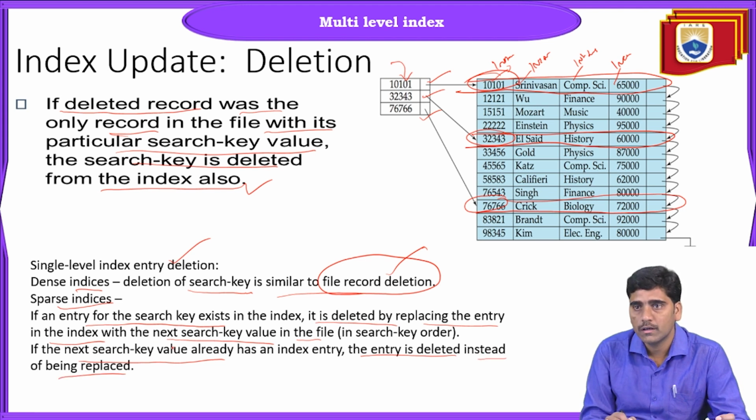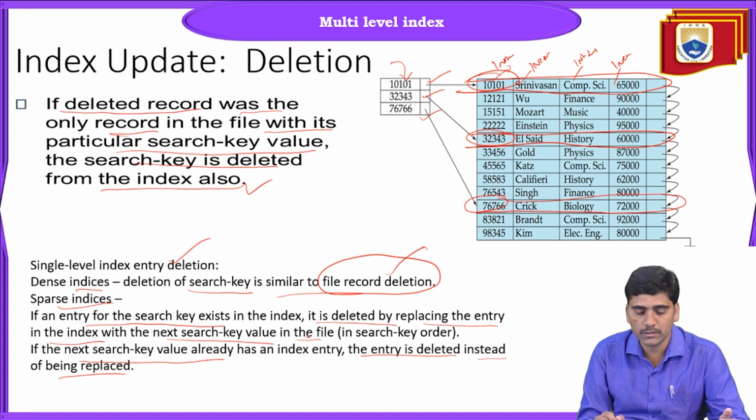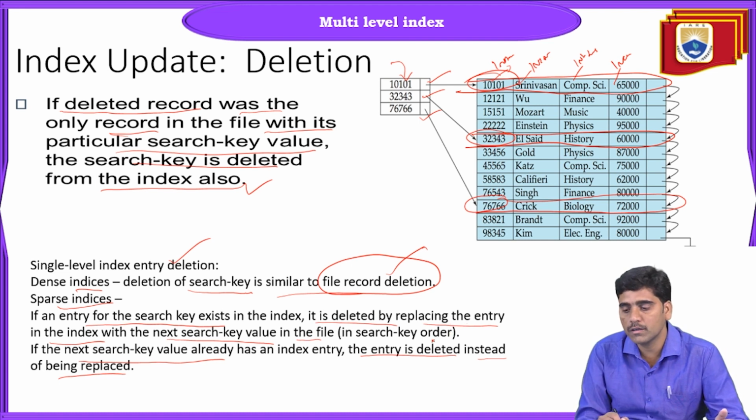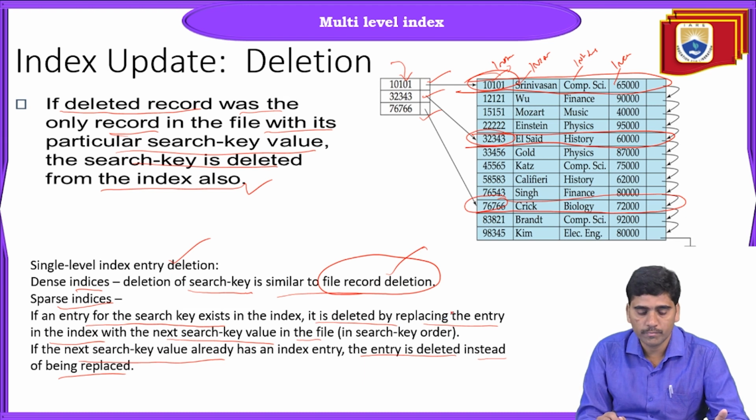Because if any search key value is having a number of values, then it is deleted by replacing the entry of the index with the next search key value in the file.